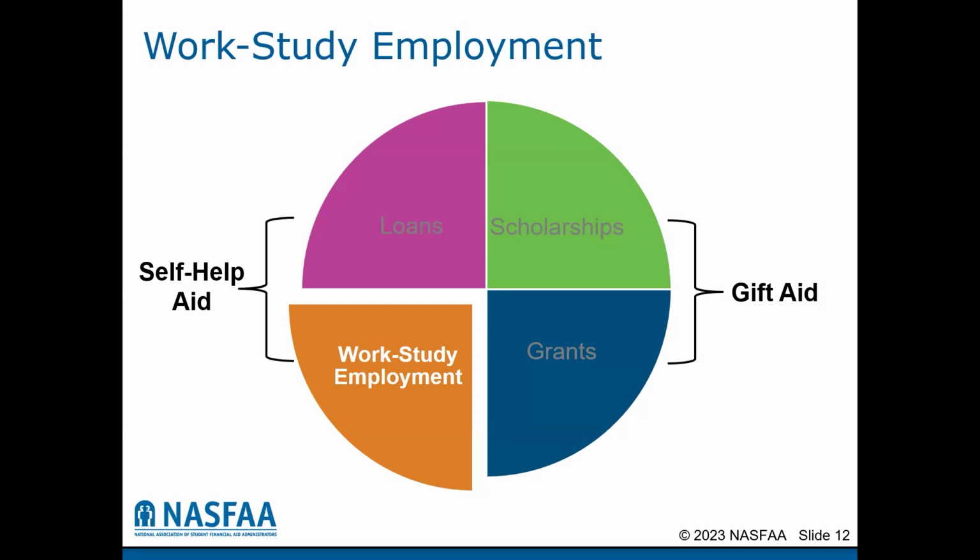Work-study employment may be offered through the college or university or an outside employer. Current rates of pay can be found on your school's website, as well as additional information regarding how to apply for work-study.